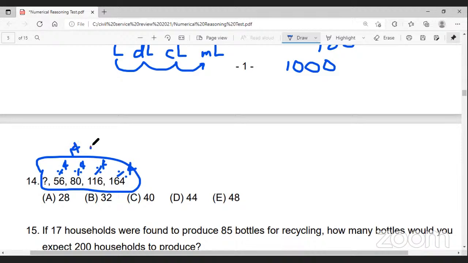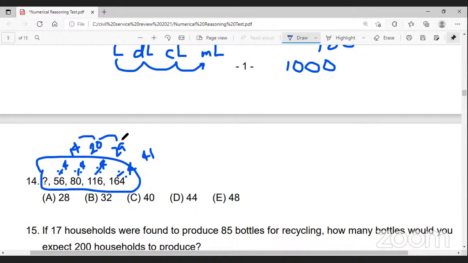This time, here is 20, di ba? Divide by 4. Next is 29, ma'am. The last is 41.